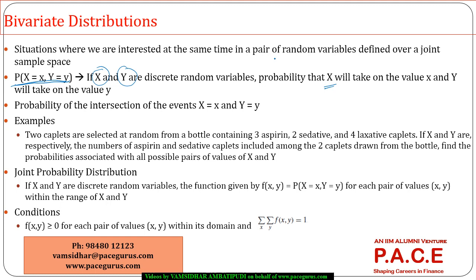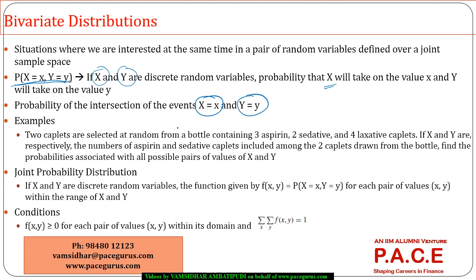So we are moving away from the univariate case to a bivariate case, taking two of them together. The same thing I extend to multiple variables instead of just two of them, I'll call it a multivariate case. Okay, so we are interested in the intersection of the events, probabilities associated with X taking x, Y taking y.